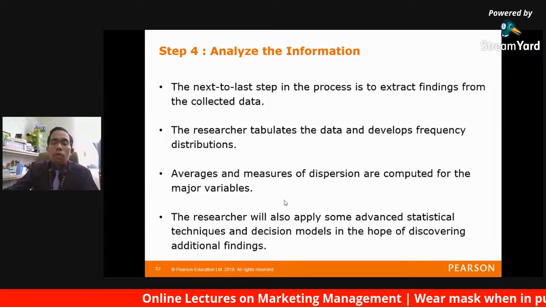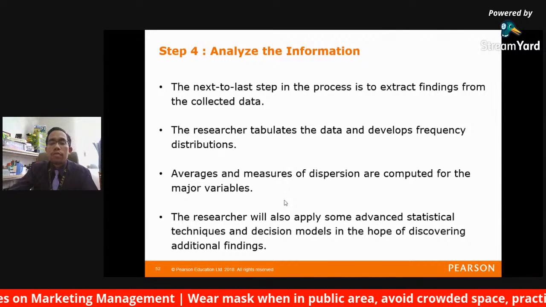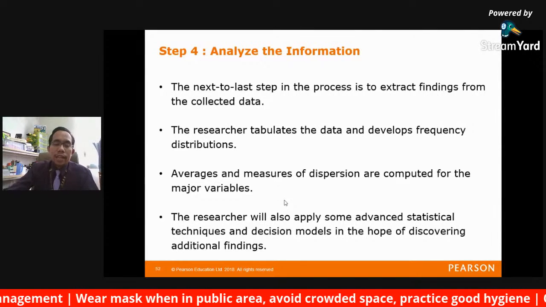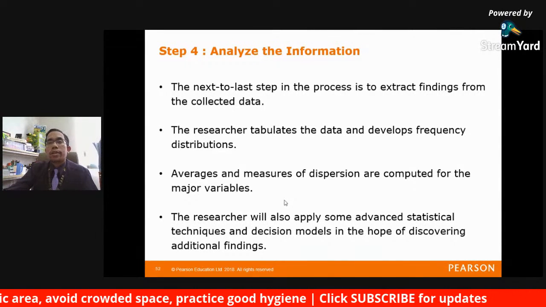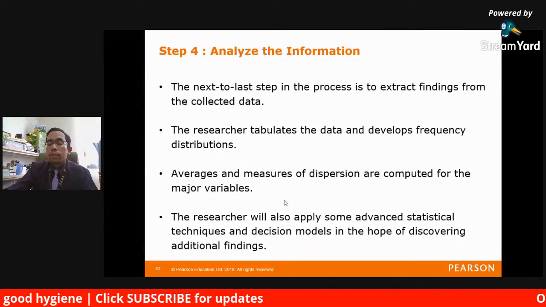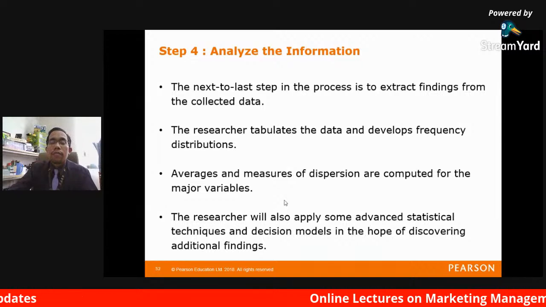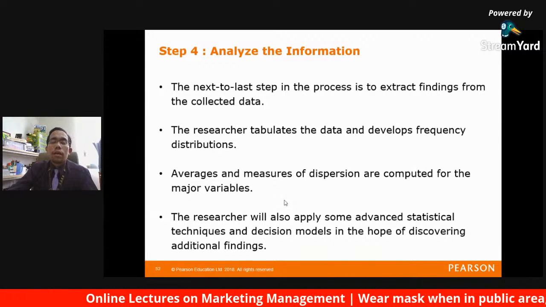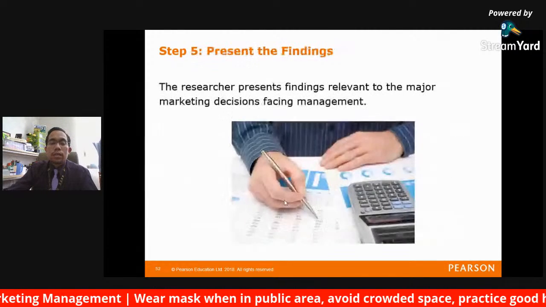So the researcher will also apply some advanced statistical techniques and decision models in the hope of discovering additional findings. Okay, I'm also experienced in using regression. Most of us are using regression because we need to identify the factors that mostly contributed to our findings.